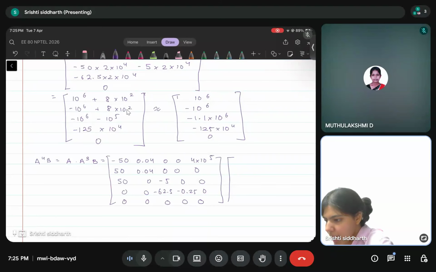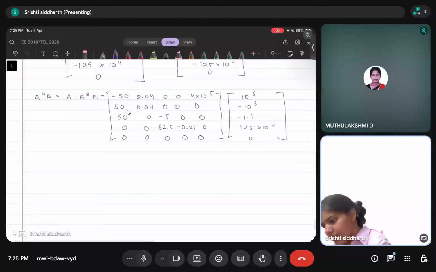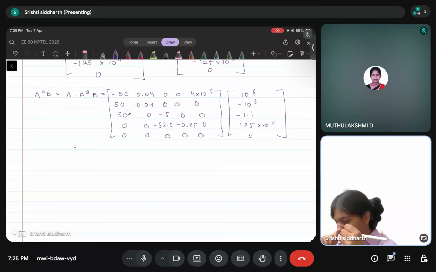So this multiplied by A cube B, this is 10 to the power 6. Alright, so the first entry is minus 5 into 10 to the power 7 minus 10 to the power 4. That's it, right?